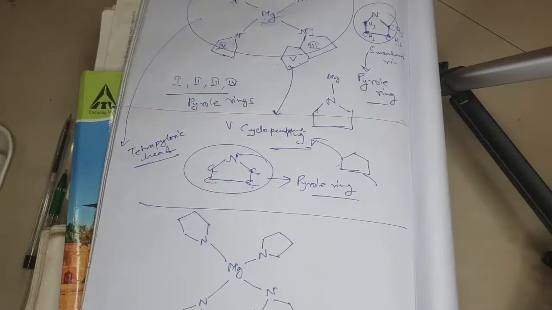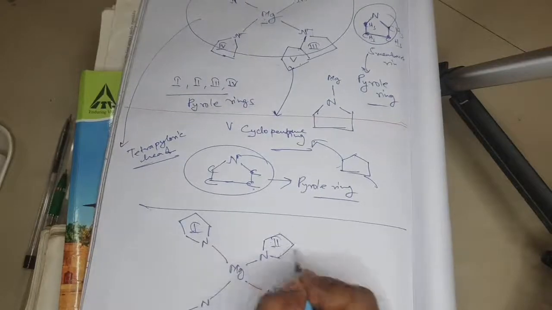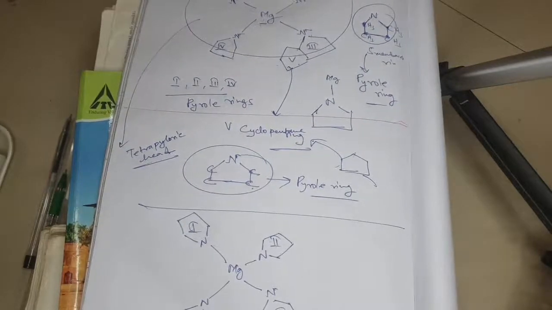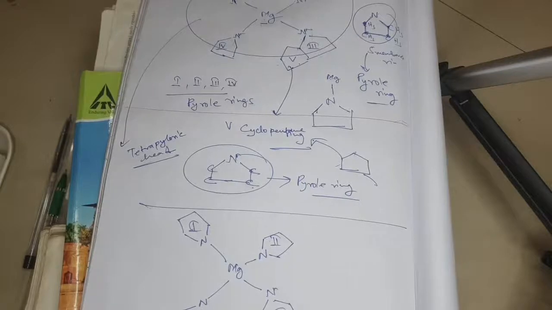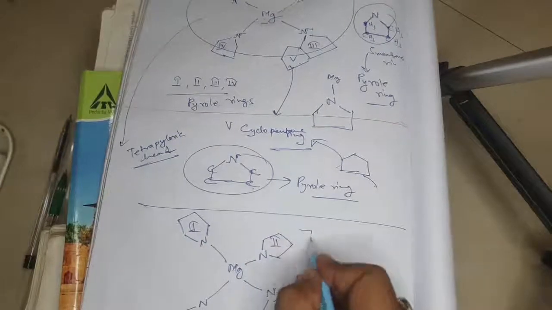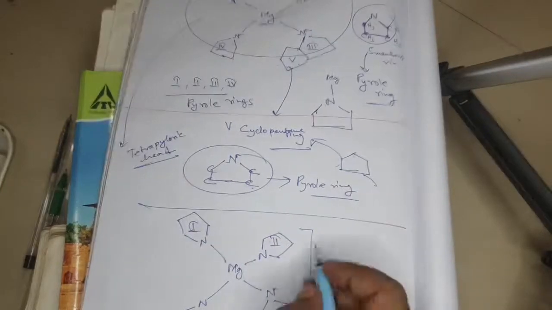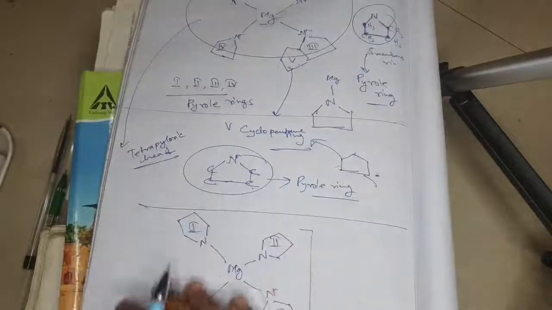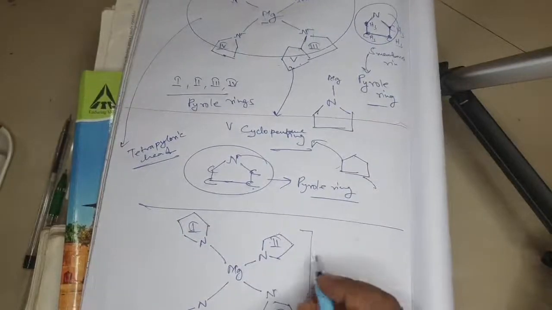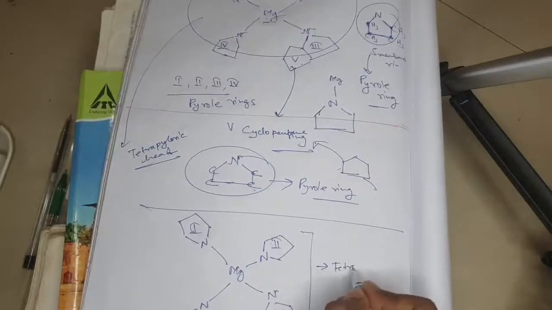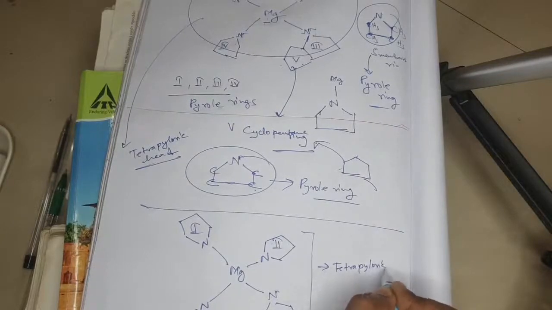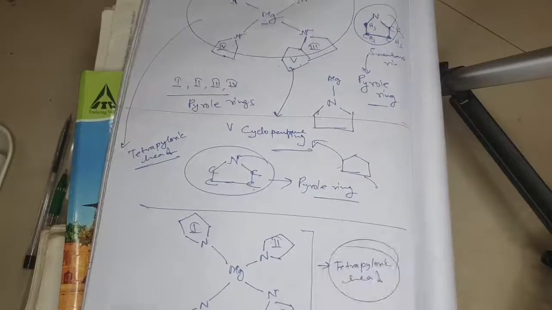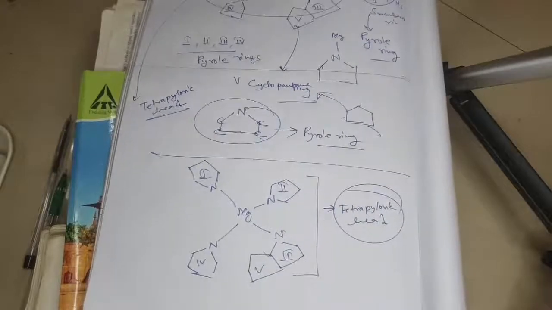So with these 4 pyrrole rings and the fifth, cyclopentane ring, this is a tetrapyrrolic ring. This is the tetrapyrrolic head.